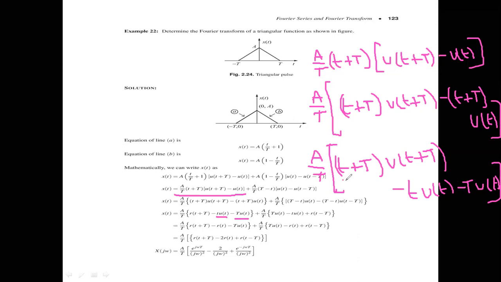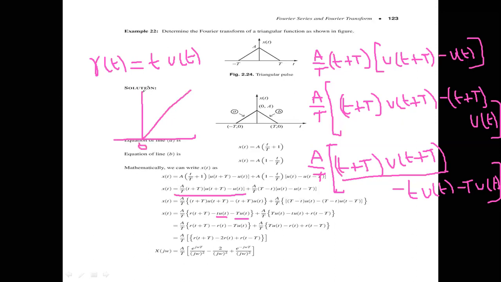And this function, as we know, the ramp function, r of t is equal to t into mu of t. We know why mu of t is multiplied with the t signal: a ramp function is a linear function.